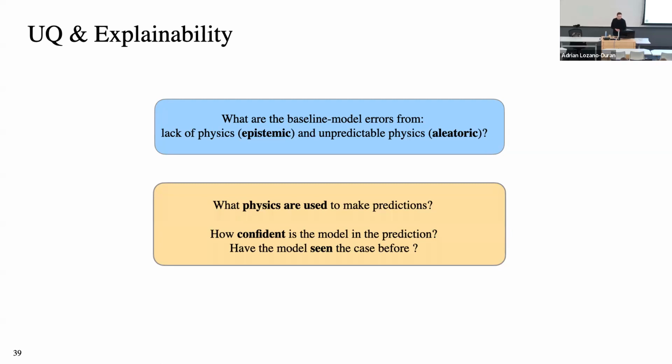I can learn those. Others are aleatoric, and aleatoric here means unpredictable. I know that my model is not doing well, but I cannot fix it, because in a very simple way, given an input, I have multiple outputs. I don't know which one I should choose, and there is no way out. The only way of solving this aleatoric error would be for my model to gather more information about the flow.